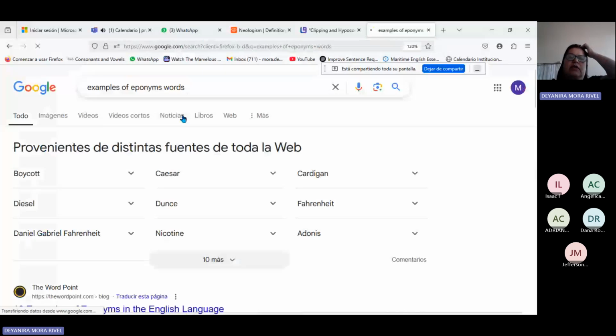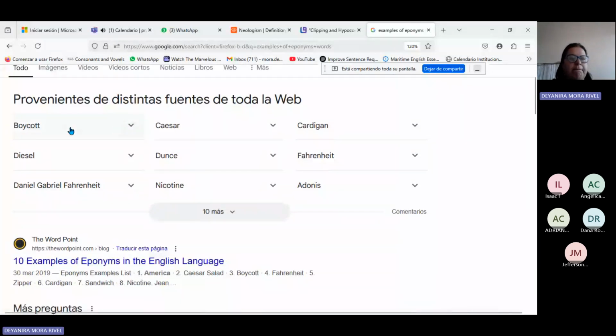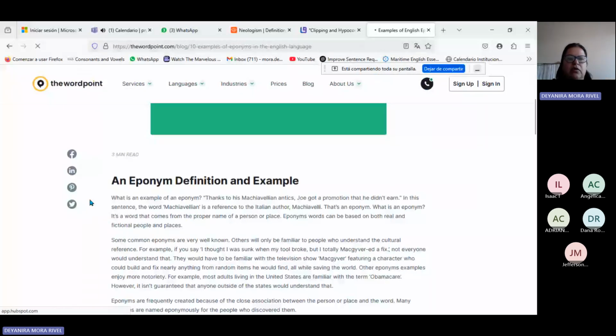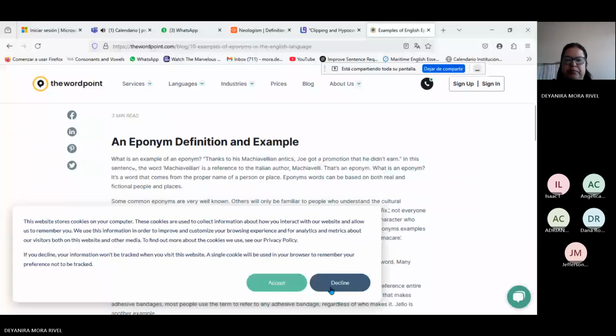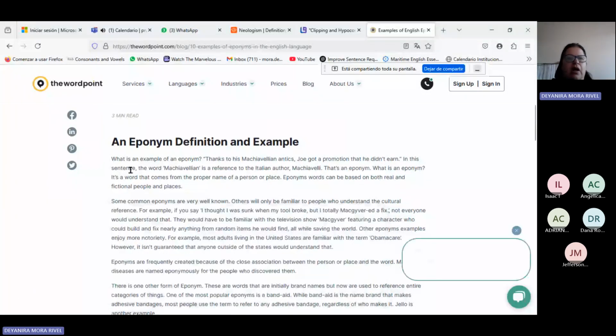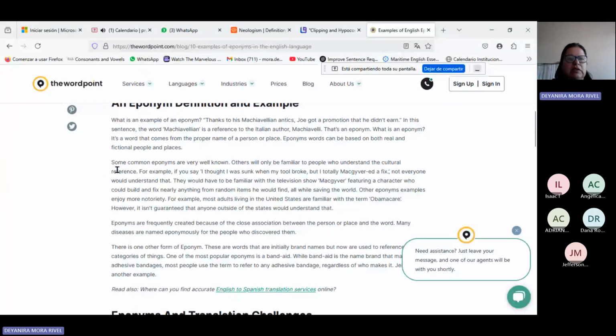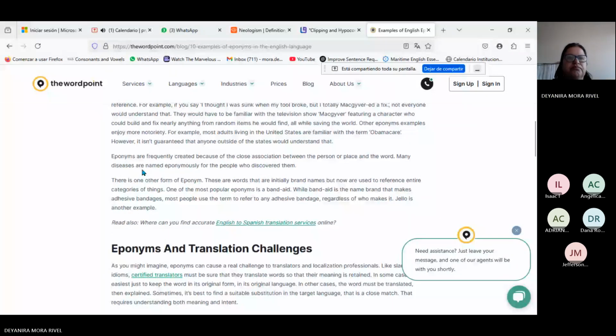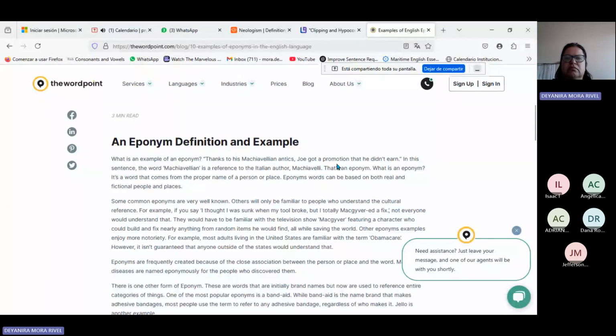Okay, so this is another way of making a new word. For example, let's see this one. Okay, so the definition is: it's a word that comes from the proper name of a person or place.